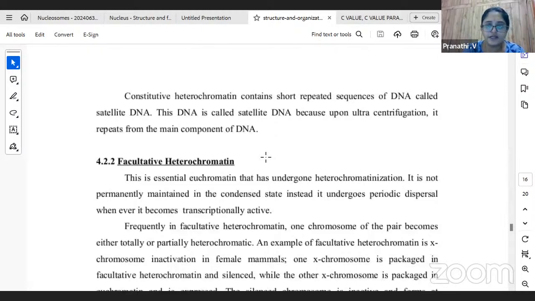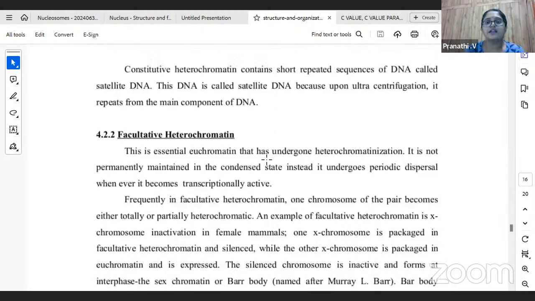When it comes to facultative heterochromatin, heterochromatinization is the process that the DNA, the heterochromatin or the thicker chromatin, has undergone. Again, it is in a permanent condensed state, and it gets dispersed whenever transcription takes place.